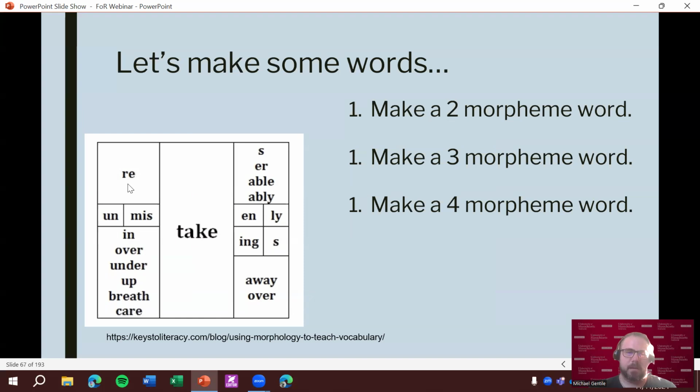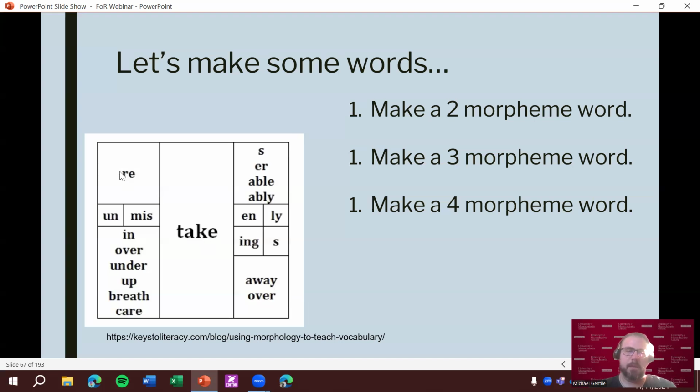So these are your prefixes up here, which are bound, and these are free morphemes that can stand on their own, but we can combine with take to make a new word. So in, over, under. Same thing over here. We have suffixes that will change the meaning of the root here, take. And then we can add, of course, other free morphemes, away and over, to combine.